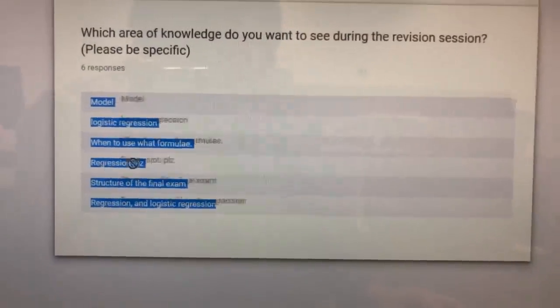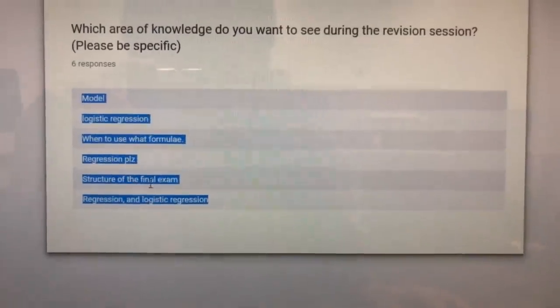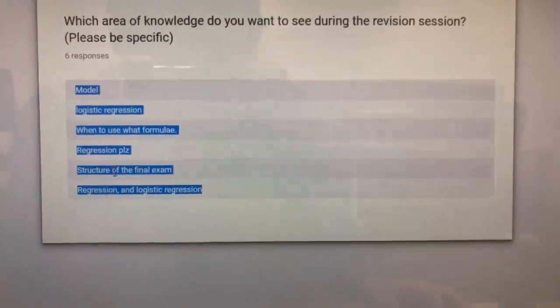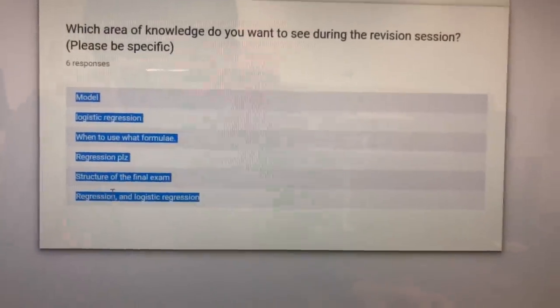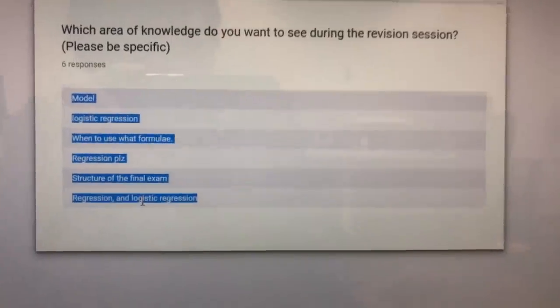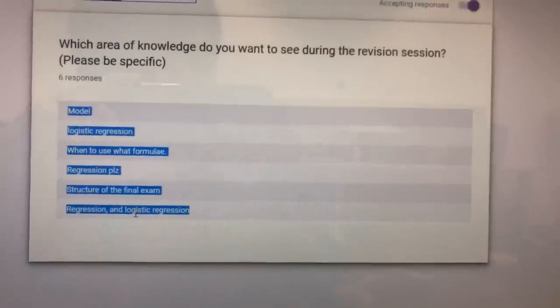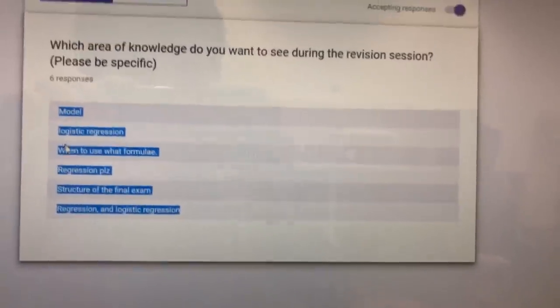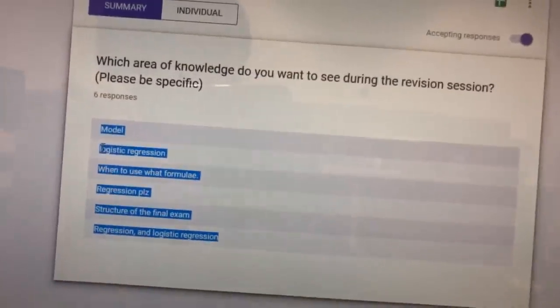All right, regression, please. Structure of the final exam. Well, the structure of the final exam can be seen on Canvas, so don't worry. Regression and logistic regression. So I can tell the common area of difficulty is regression and logistic regression, right?